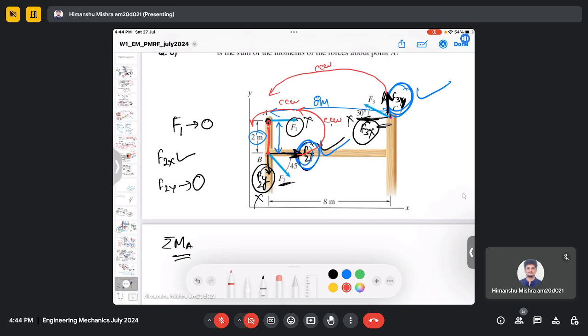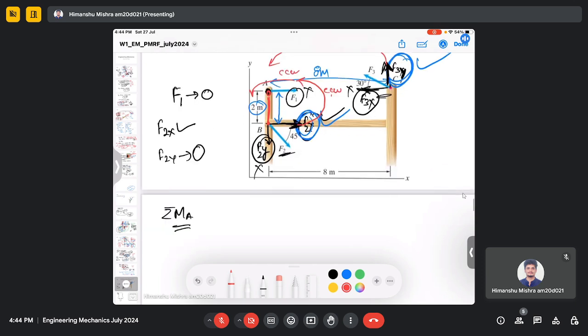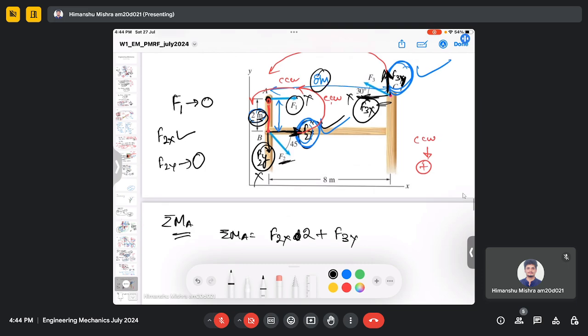So both moments are revolving counterclockwise, and I'm assigning counterclockwise as the positive direction. So my moment at point A will be F2x times the perpendicular distance, which is 2 meters, plus F3y times the perpendicular distance, which is 8 meters.